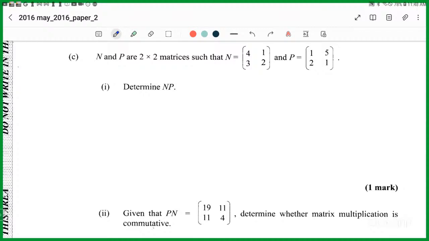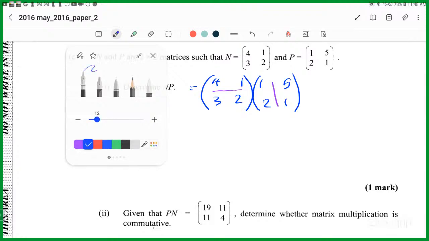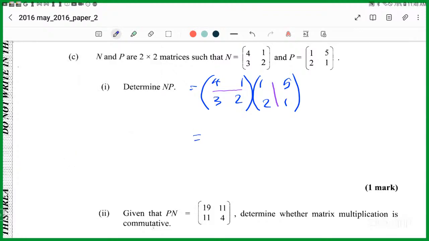So this is equal to 4, 1, 3, 2 times 1, 5, 2, 1. Again, you multiply the rows of the first matrix with the columns of the second matrix. We'll get a 2 by 2 matrix with 4 values.